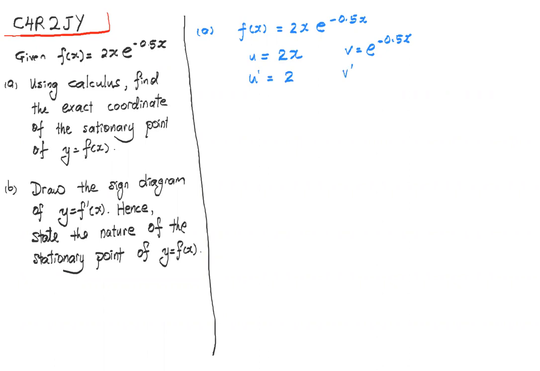The rate of change of e to the power of negative 0.5x will be, you copy down the whole thing, you times by the rate of change of the power, that is negative 0.5. So you got negative 0.5 e to the power negative 0.5x.